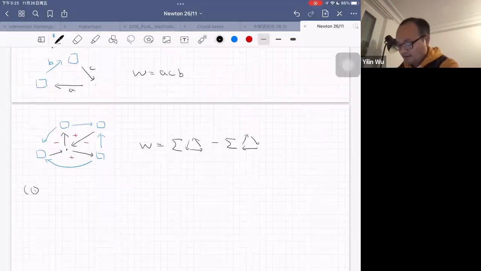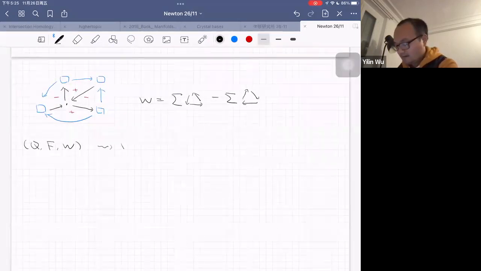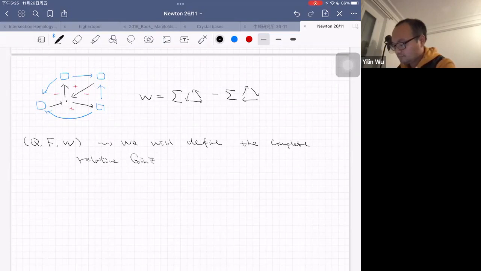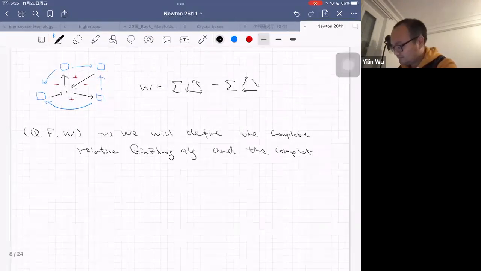So if we have a quiver with a potential, we can define the complete relative Ginzburg algebra, and the complete 2-Calabi-Yau completion of the frozen part.